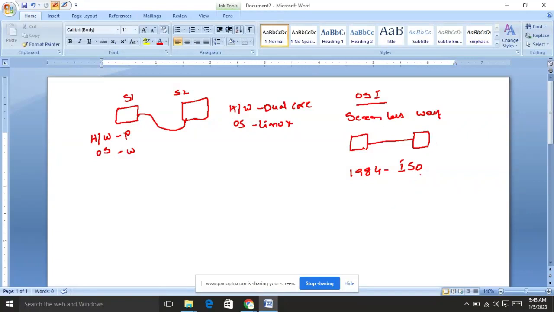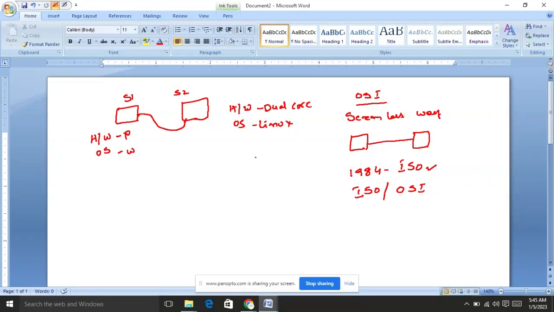So some people also call it the ISO reference model. But ISO is the standards organization. That means it gives certification to the procedures and algorithms followed by the OSI reference model, but the actual name of the procedure is OSI, Open System Interconnectivity.